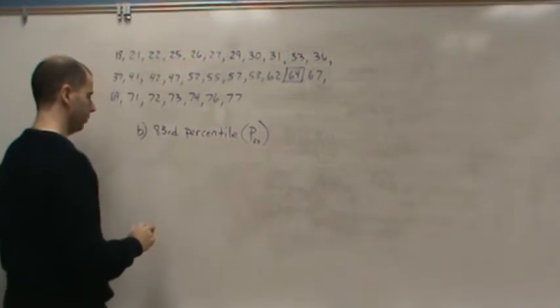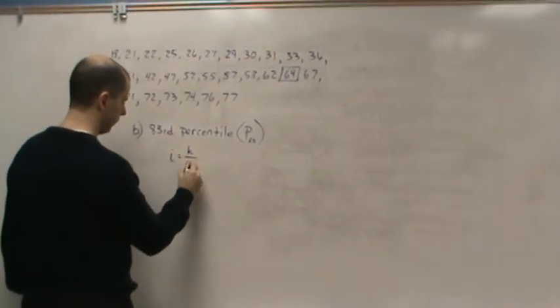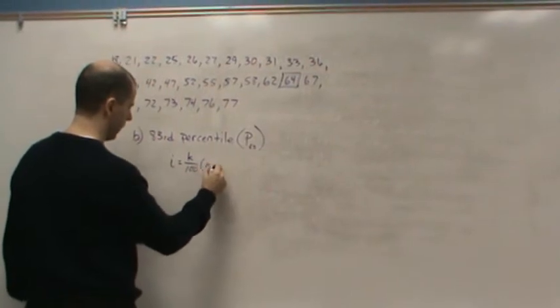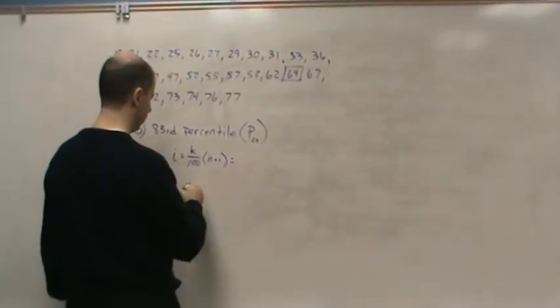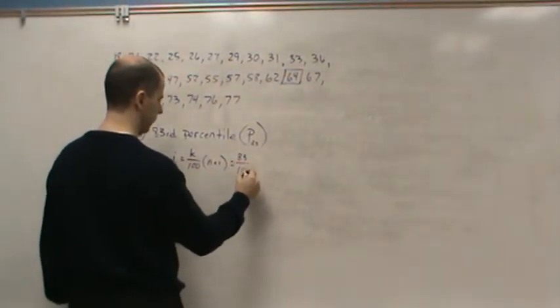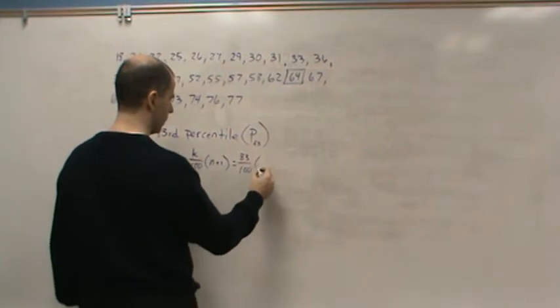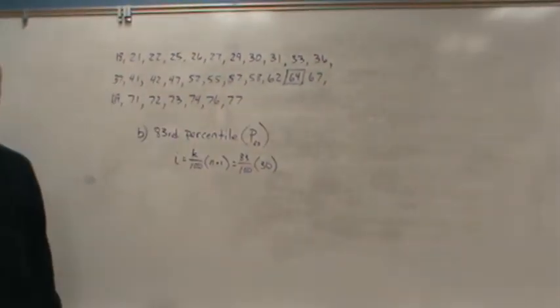So now we're going to use the formula again. i equals k over 100 times (n plus 1), where k is now 83. So it's 83 over 100, that's the proportion, of 29 plus 1, which is 30.